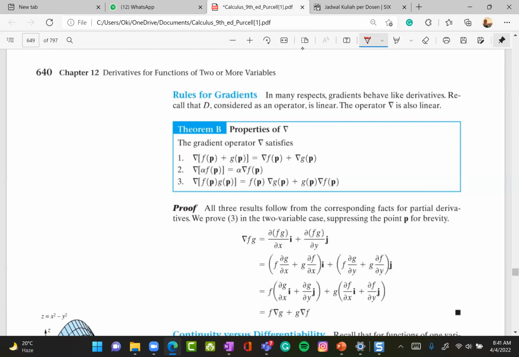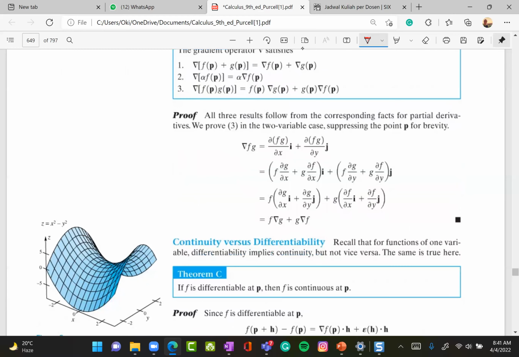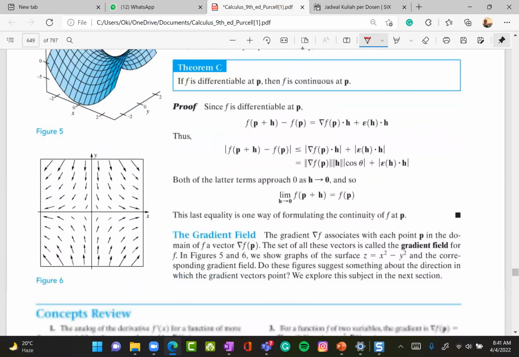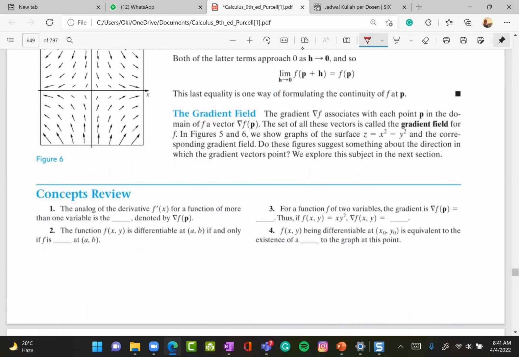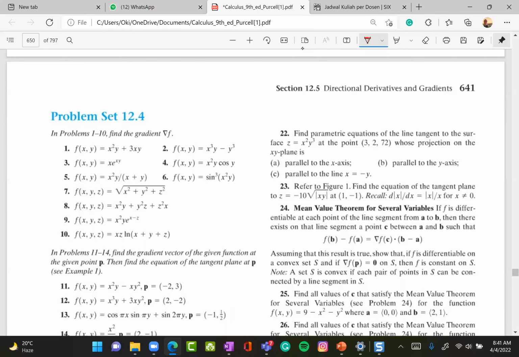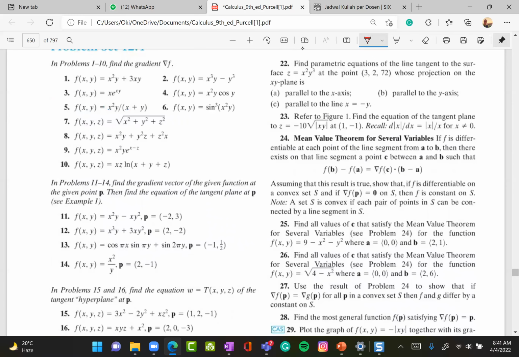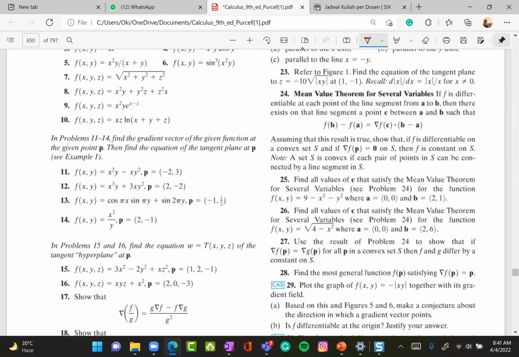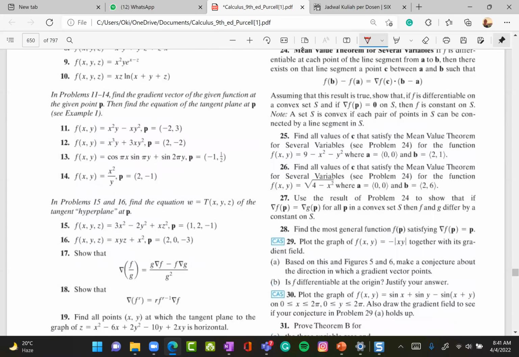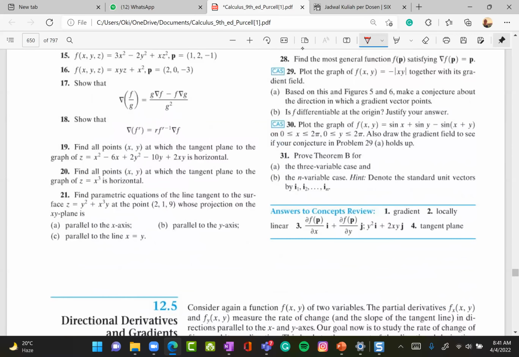Okay, so that's easy. Again, as in one variable, differentiability means continuity. All right. So that's all for the differentiability. We won't talk much about this one. We'll use that.